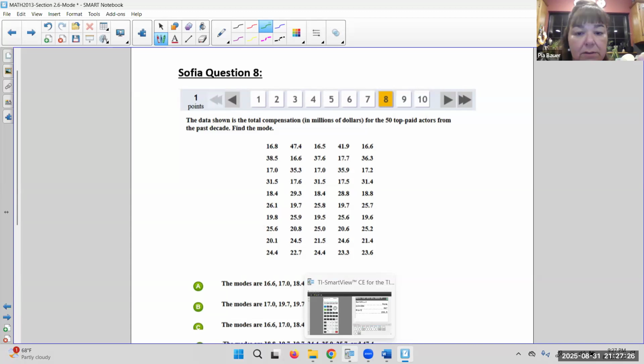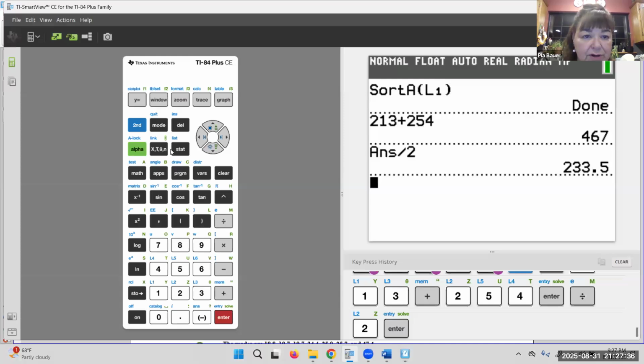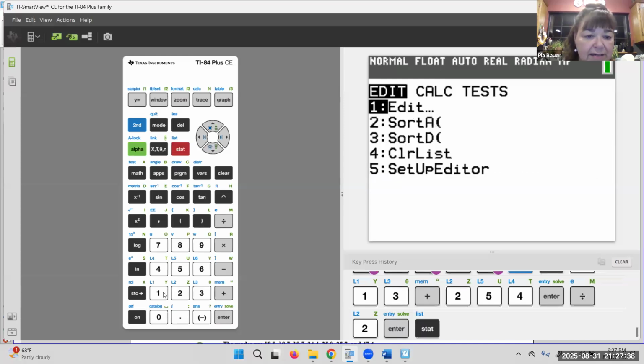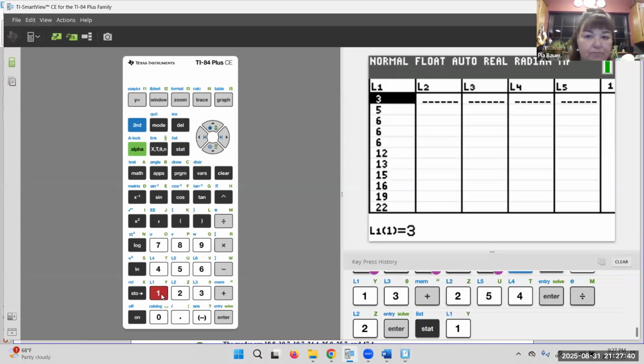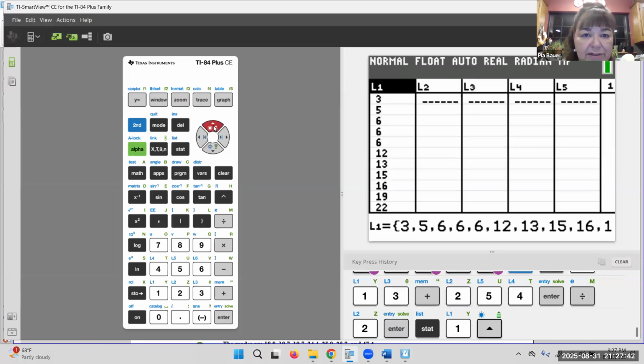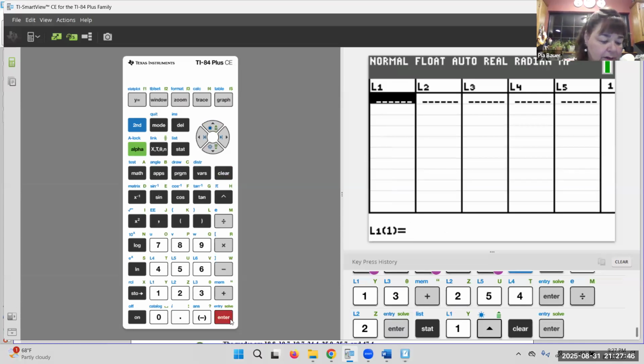So I'm going to go to the calculator. I'm going to go to Stat, Edit. I'm going to clear the list, clear and enter. And then I'm going to enter, and I don't have a preference, I can go ahead and enter the columns.